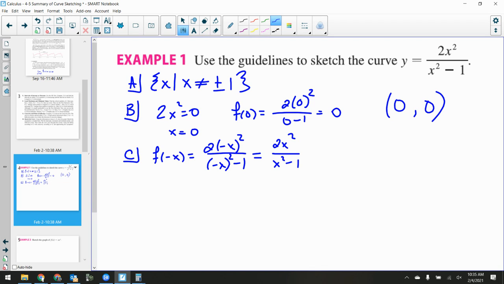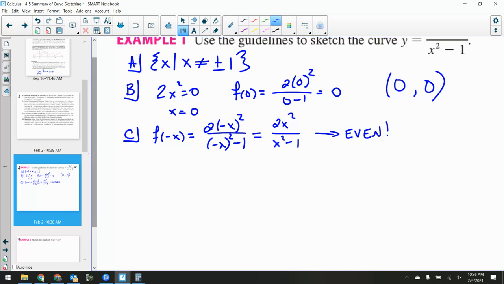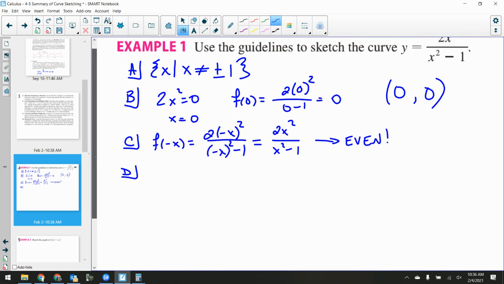So f of negative x equals f of x. Okay, cool. So this is even. So in the end, I should see that this is symmetric about the y-axis.